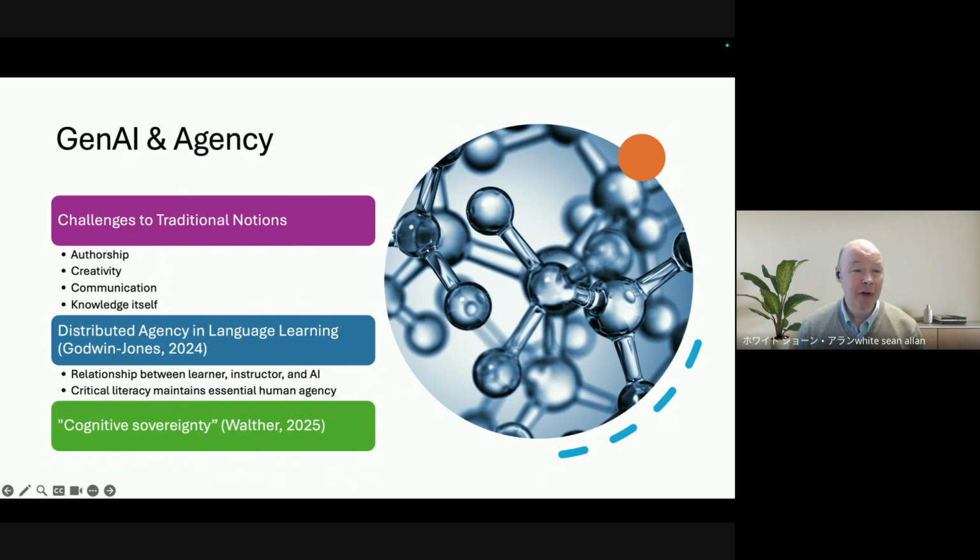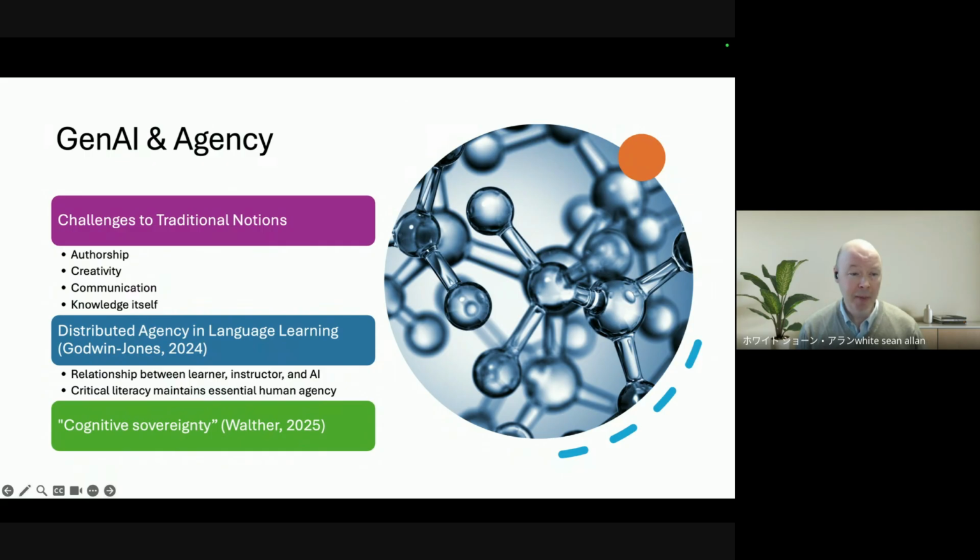In terms of generative AI and agency, we do have challenges to traditional notions of things like authorship, creativity, communication, and of course, knowledge itself, right? I'm kind of interested in this idea of distributed agency.